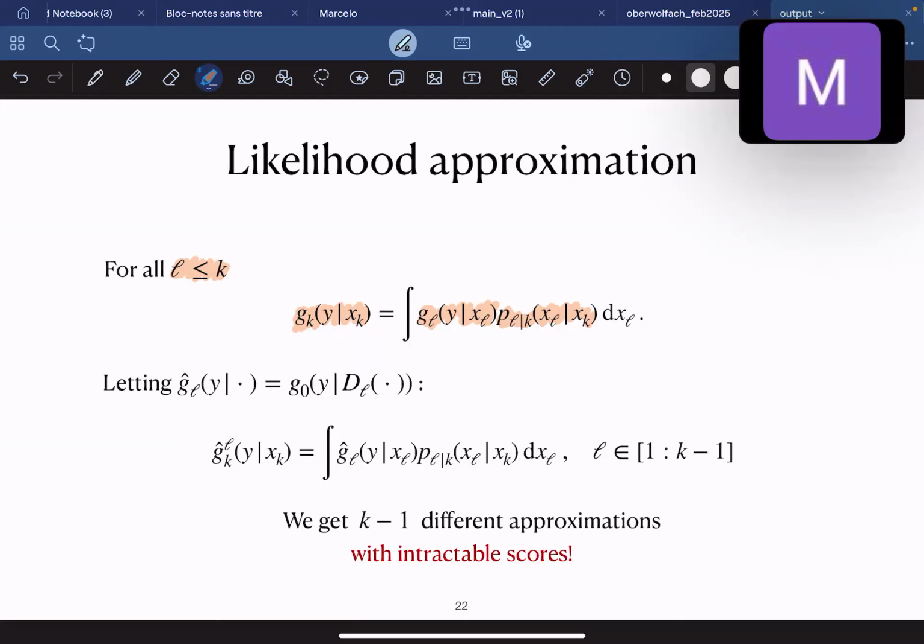If I plug in this approximation, I obtain a new approximation of g_k, which I denote g_{k,l}. So for any l and k, with l of course smaller than k, g_{k,l} is an approximation of g_k.